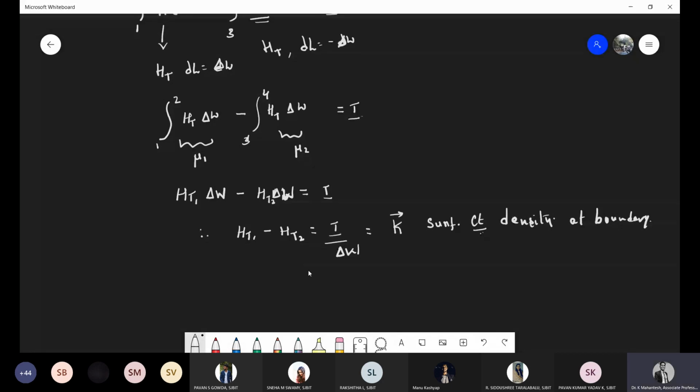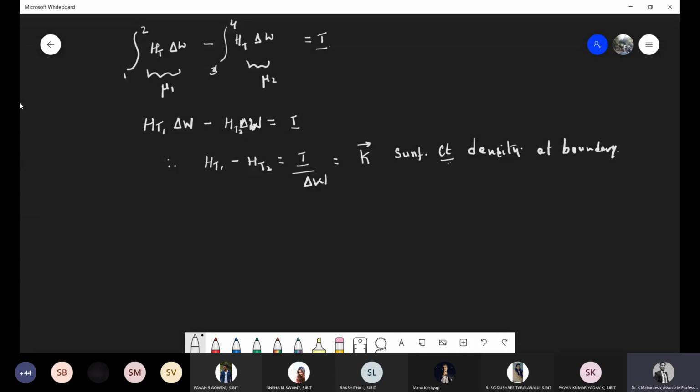So what happens if the surface current density is 0? If K is equal to 0, that means if you have a surface current on the boundary as 0, then I can write it as HT1 is equal to HT2. This is how the tangential components are related with respect to the boundary separated by two mediums.